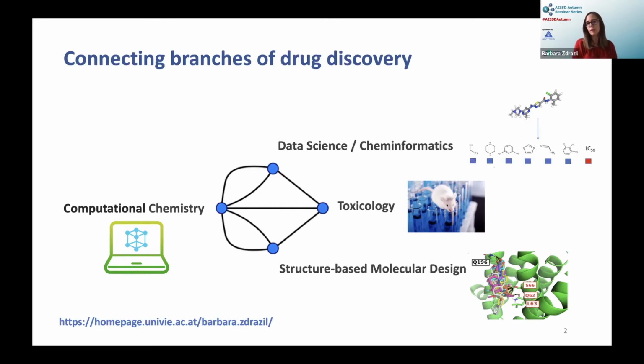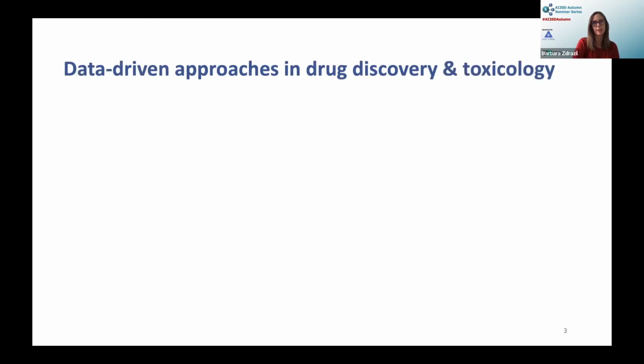But if we really have a specific target that we are focusing on, or a group of targets, then we would also consider structure-based molecular design approaches. And actually in the last few years, we have been really trying to combine those two approaches. And this was quite successful, as I will show you on the next slides.